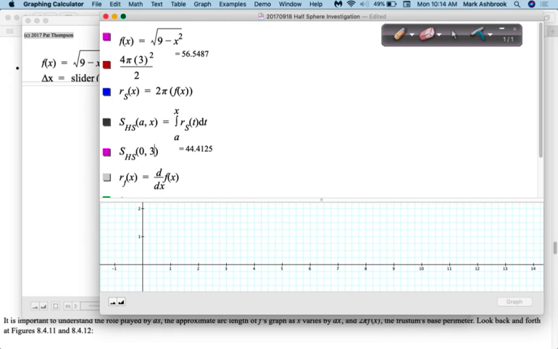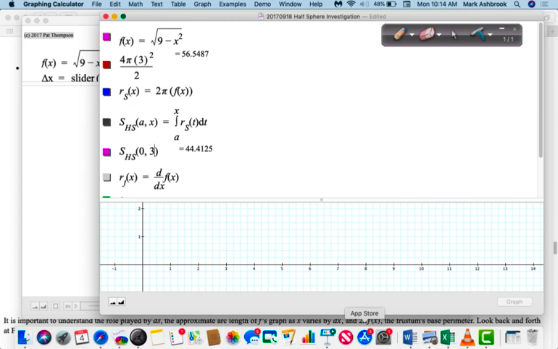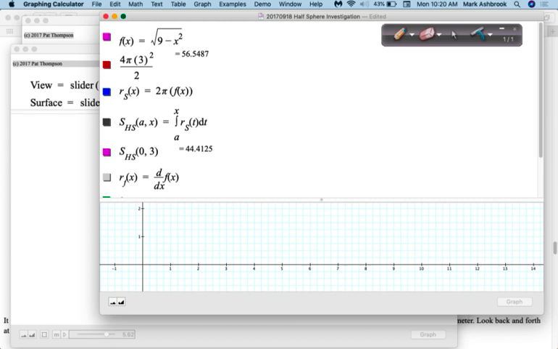Figure that out. So what am I going to do now? So what line should I change here? The black one? Okay, how should I change it?